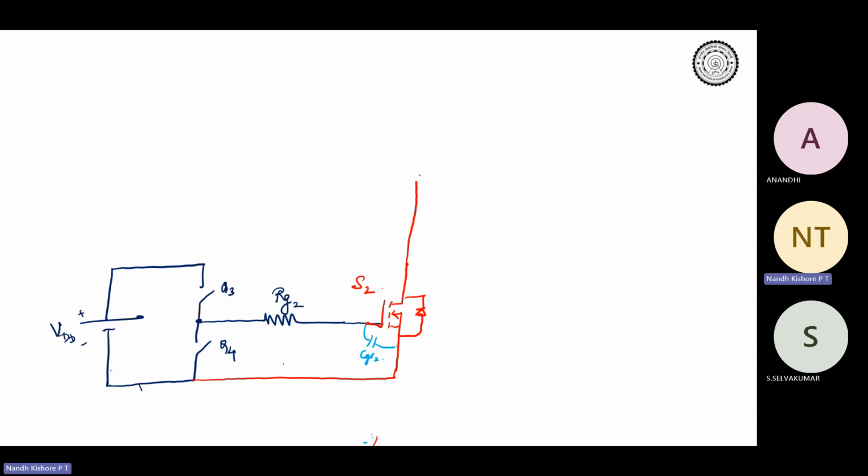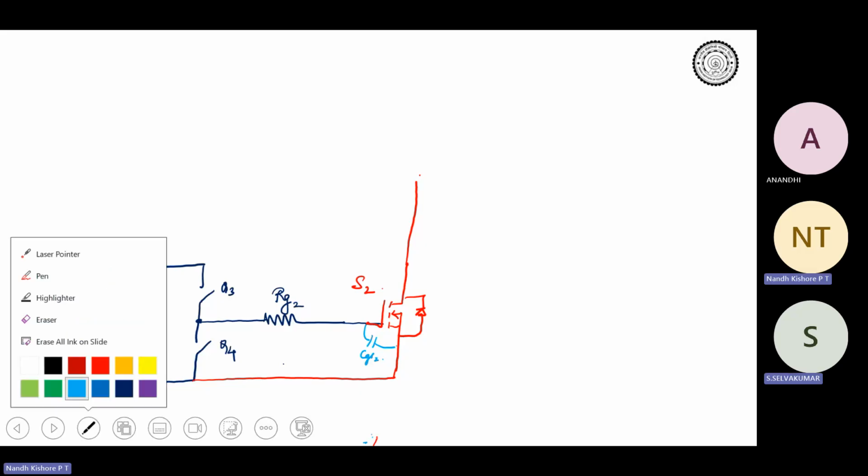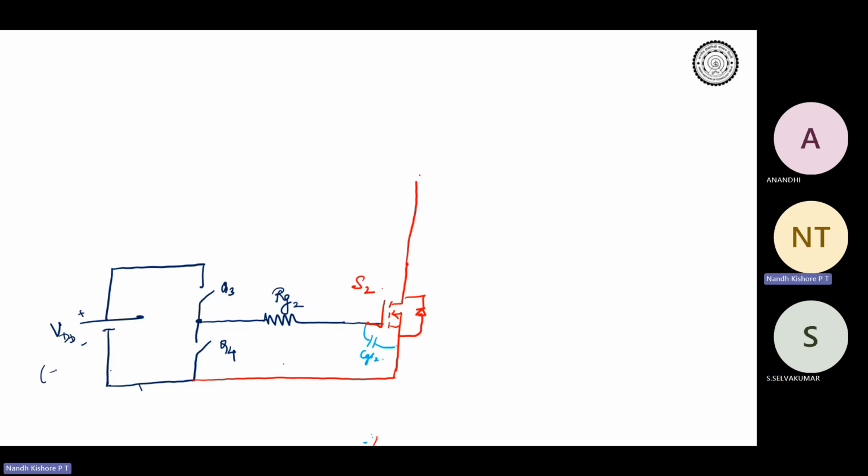Q4 gives the path through RG2 to the device. If I do it like that, will the device turn on or turn off? See, VDD will not be there, so it will go to off.